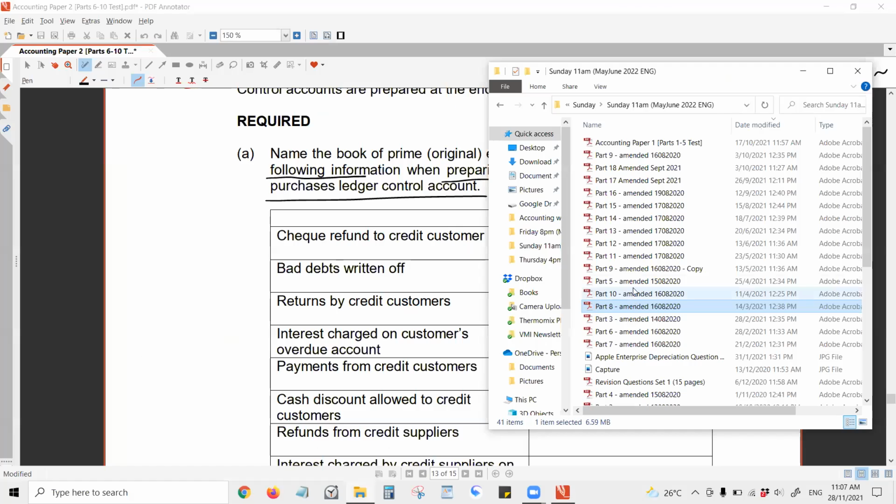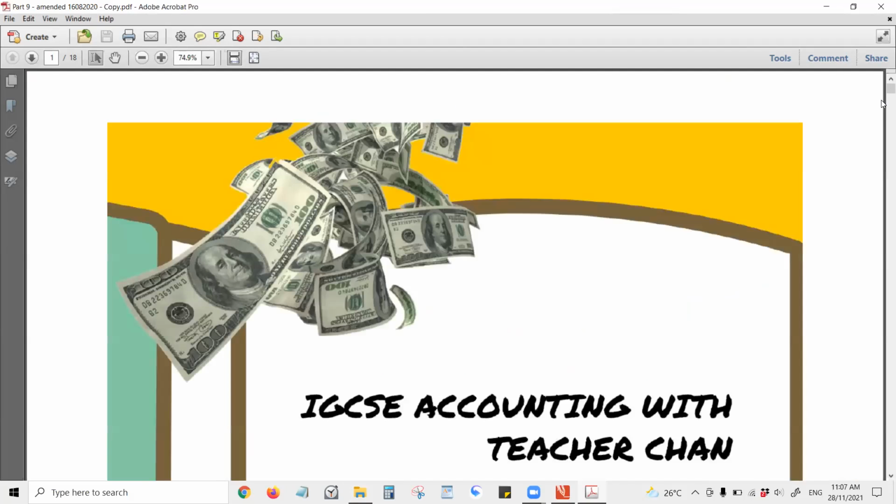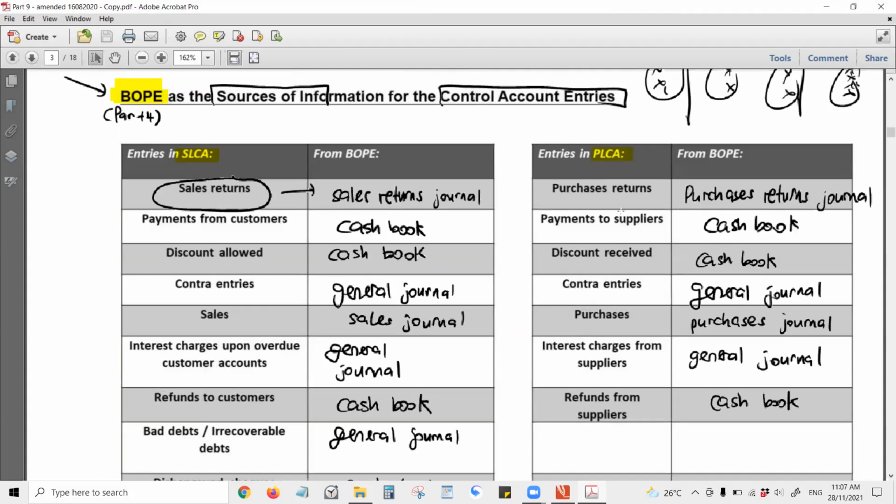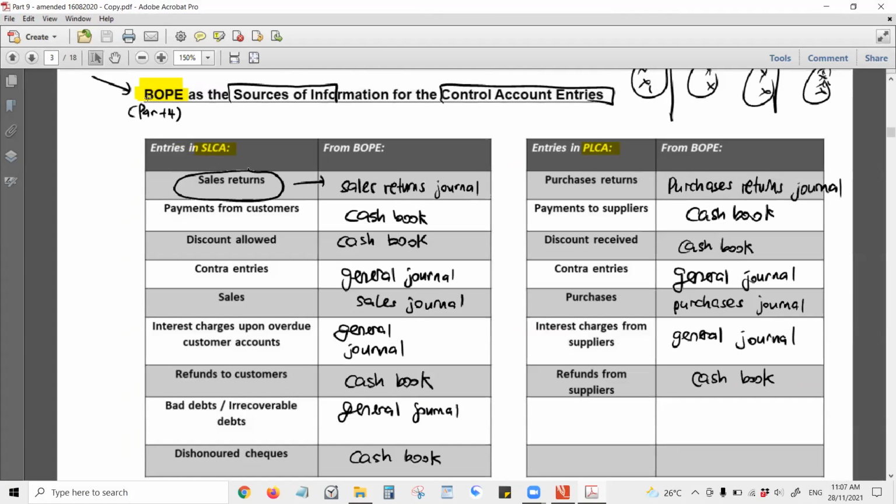It's chapter 9. These two are the tables that you can use to do question A. Each of the numbers in control accounts comes from the book of prime entry. There are 7 books of prime entry, and you have 7 options as your answers.